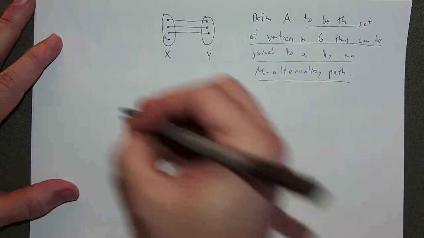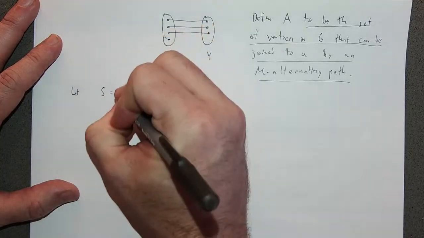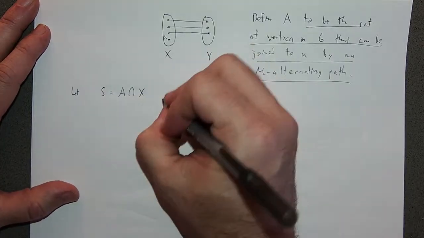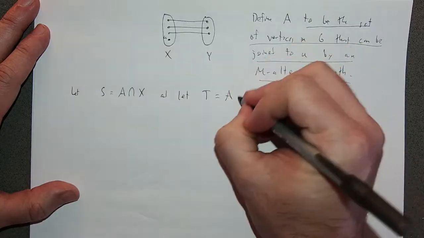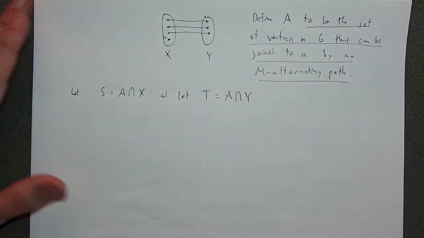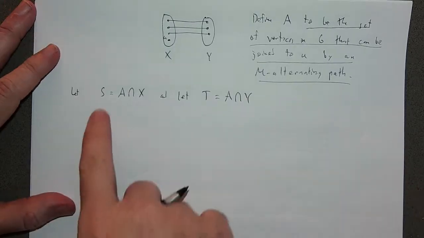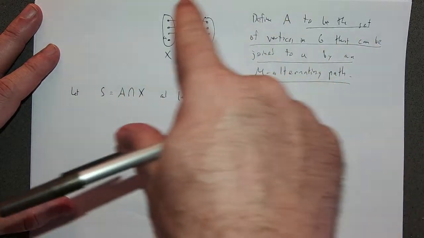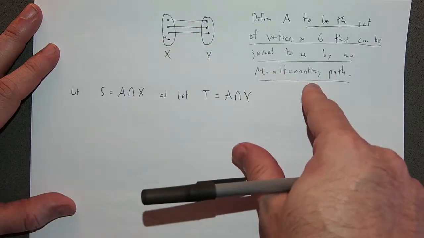All right. So let S be the set A intersected with X, and let T be the set A intersected with Y. So let's think for a second. S is the set of all vertices in X that can be joined to U by an M alternating path.